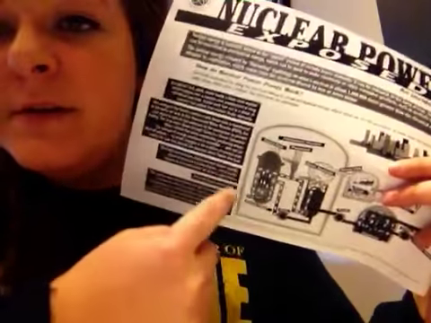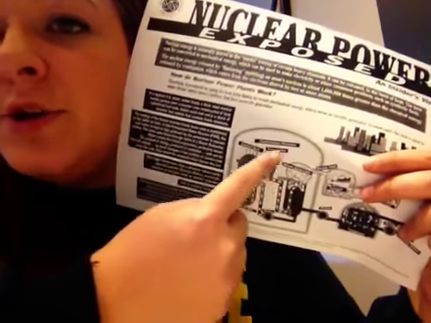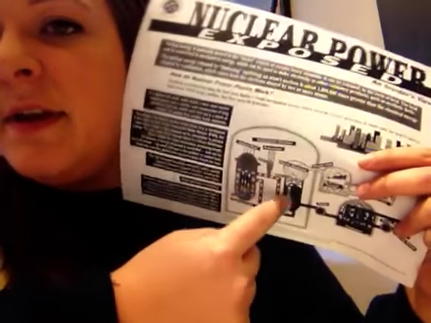Once that water has enough energy, if you follow along here, it can start moving to where this pressurizer is, and then it can start moving into a steam generator.